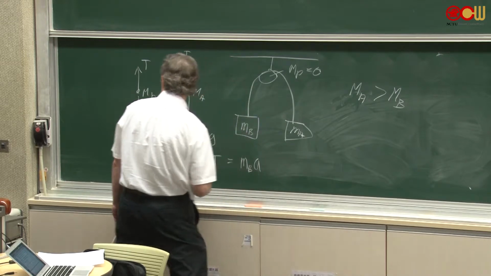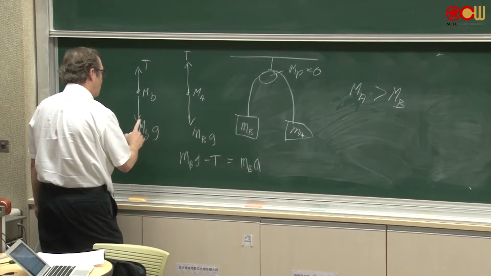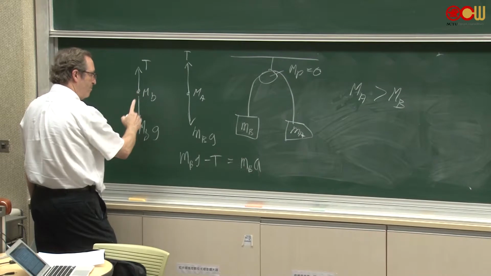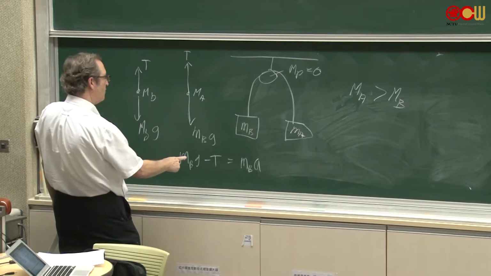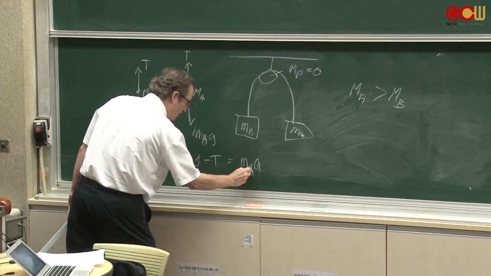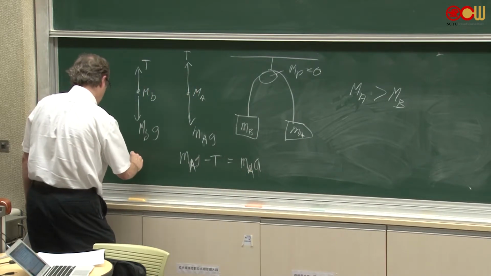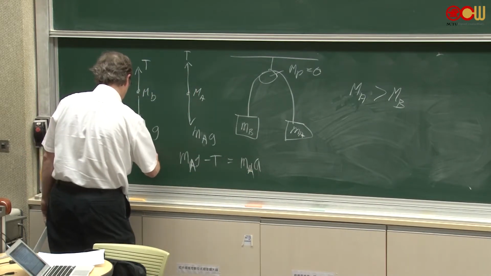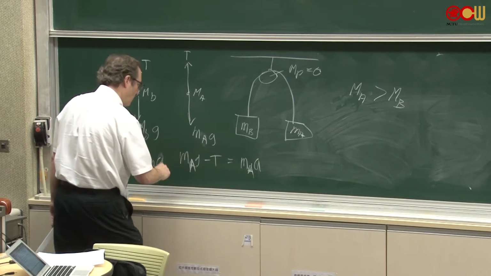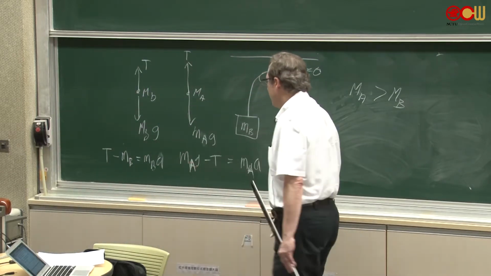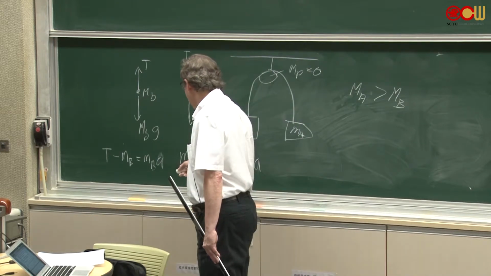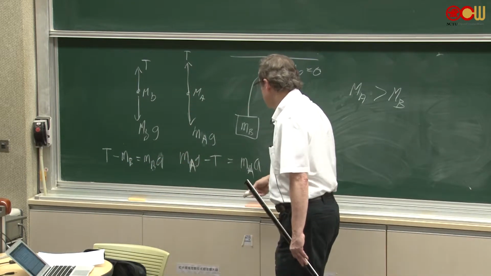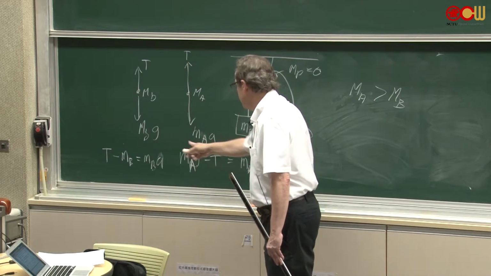And then I can write for this guy. Now I'm going to choose up to be positive. So I have T minus, what am I doing? Oh, this is A. A says MB equals MB. All right, the two accelerate together. If I add these two equations, I get MA minus MB equals MA minus MB.